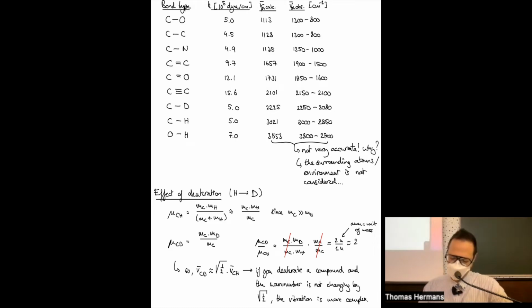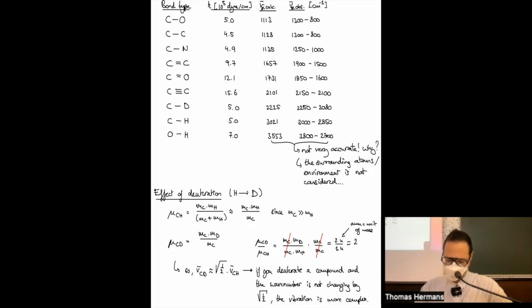So if we now deuterate this, so we go carbon deuterium instead of carbon hydrogen, we can use the same approximation, and we say, okay, reduced mass is roughly this, right? So if I now compare the reduced masses, I have mc times md over mc times mh times mc over mc, right?